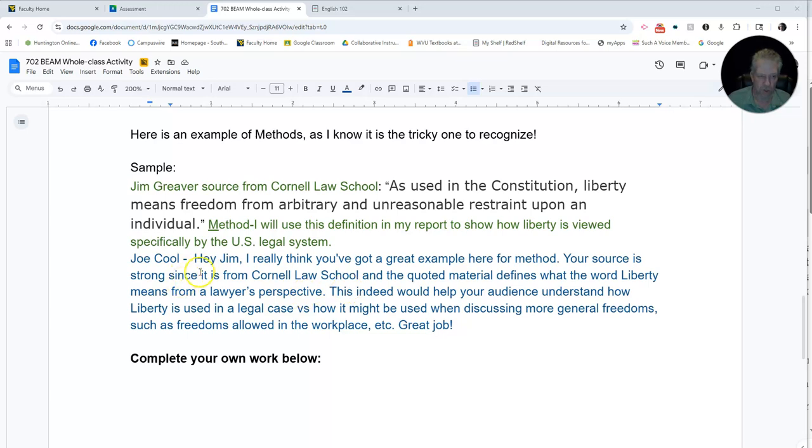Your source is strong since it's from Cornell Law School, and the quoted material defines what the word liberty means from that lawyer's perspective. This indeed would help your audience understand how liberty is used in a legal case versus how it might be used, say, in discussing general freedoms, such as freedoms that are allowed in the workplace, et cetera, et cetera." Great job.